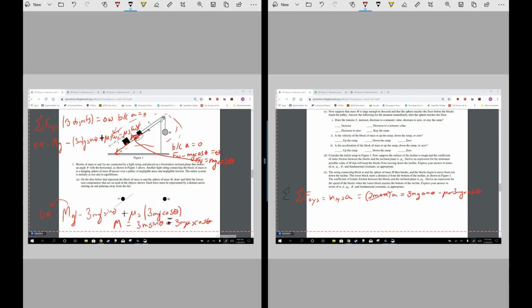So notice the 3m's go away. Okay, and so we're left with A equals g sine theta minus mu k g cosine theta. So this would be point 1, and that didn't take too long, so that's not so bad.